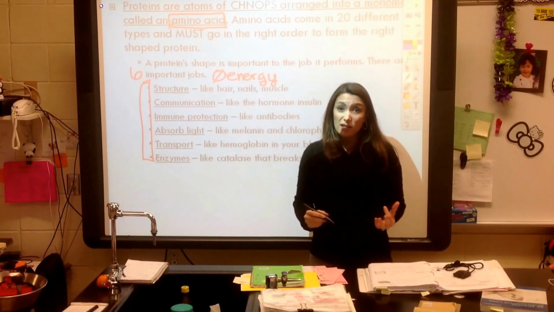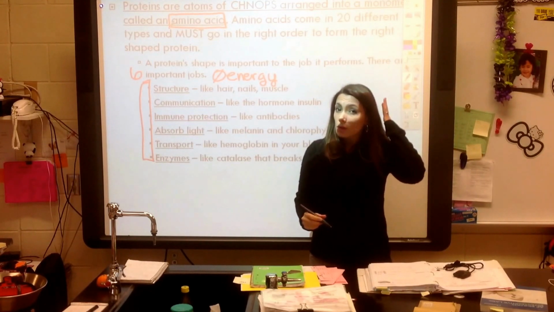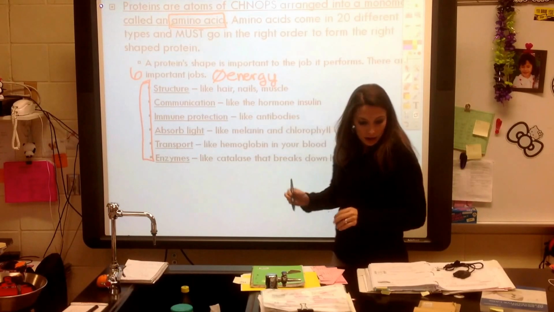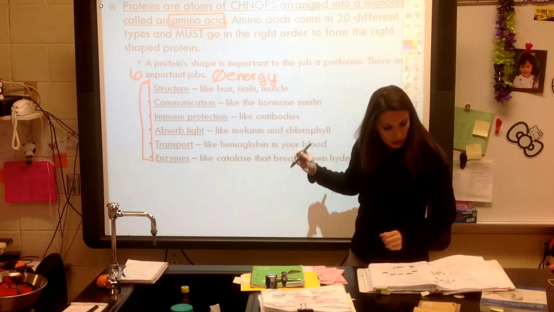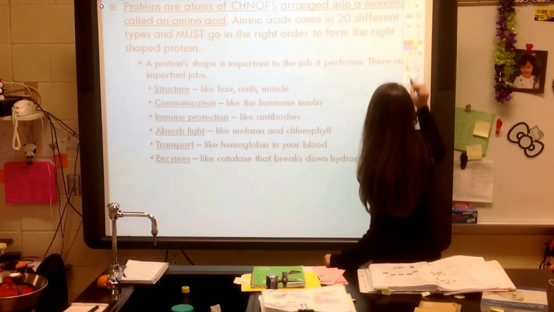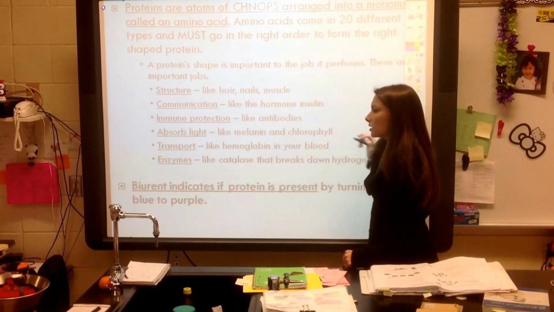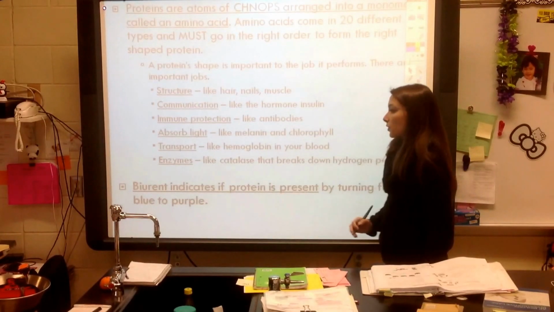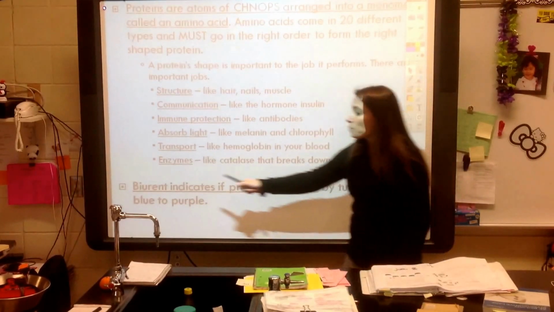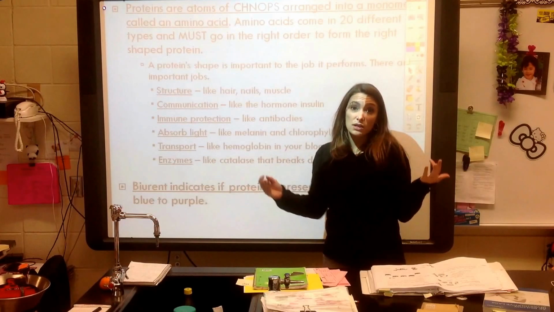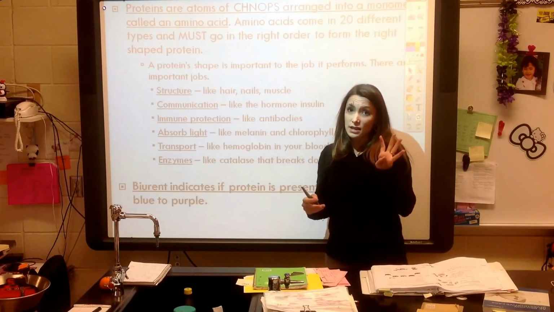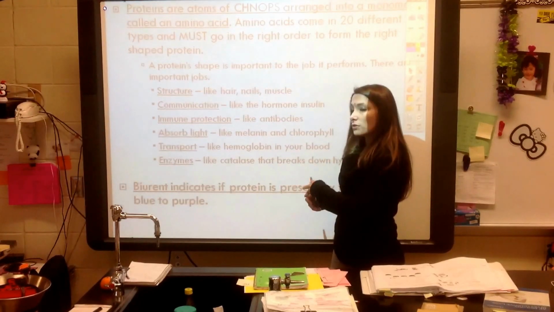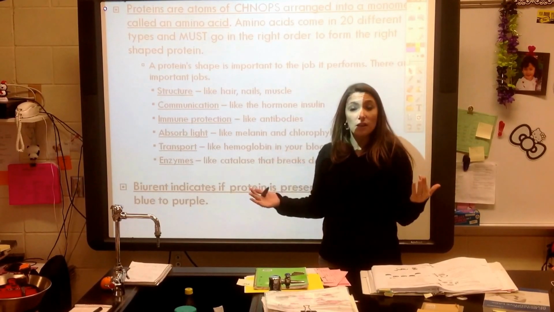And so we're going to practice in class a memory tool to help us remember the monomers. But for now, what I'd like for you to do is notice that we're getting really close to a summary box. This is the indicator by Arendt. It will indicate if protein is present by turning from purple to blue. So notice we have 4 indicators. 2 for carbs, 1 for lipids, and 1 for protein, and they all change color.